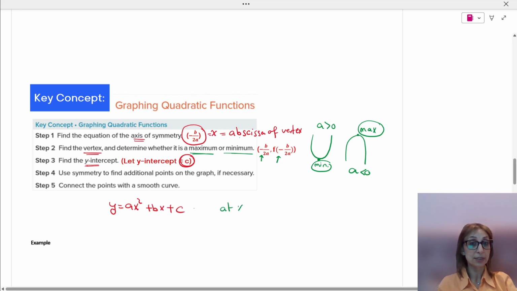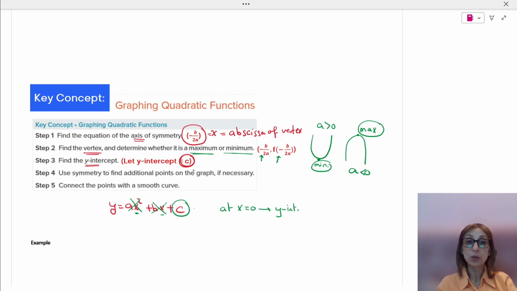So x equals 0 will give you the y-intercept. If you substitute x by 0, these terms will be removed and what remains is only c. That's why the y-intercept is equal to the constant c.